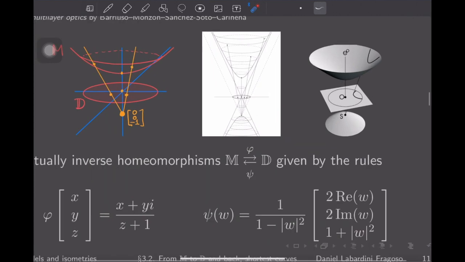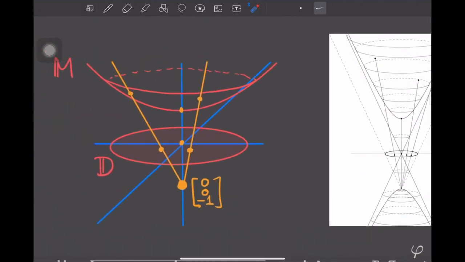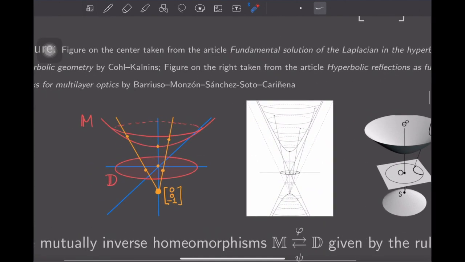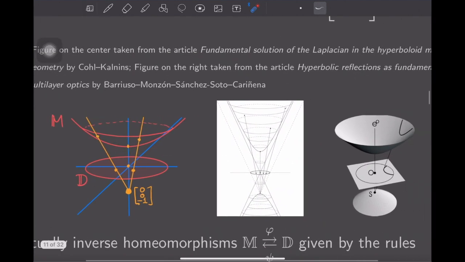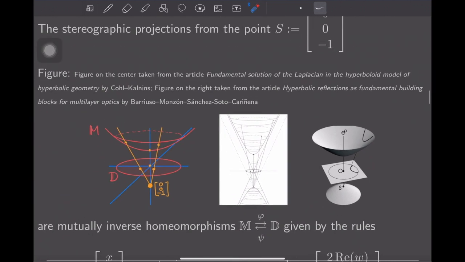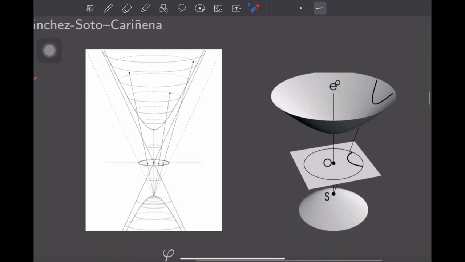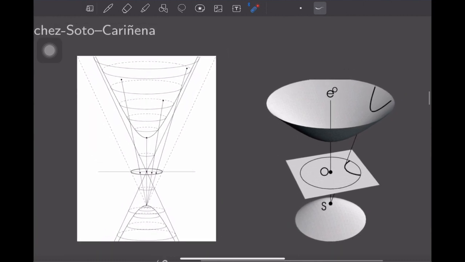Okay, and then some nicer pictures, right? Because this I drew by hand, and this, well, with the aid of the iPad. So you see, this is not a perfect picture. And some nicer pictures that I didn't draw, I took from some other papers to visualize what goes on. So for instance, here this curve and this curve correspond to each other under the projection from here.